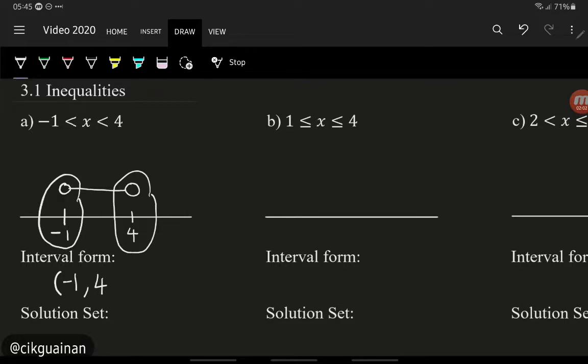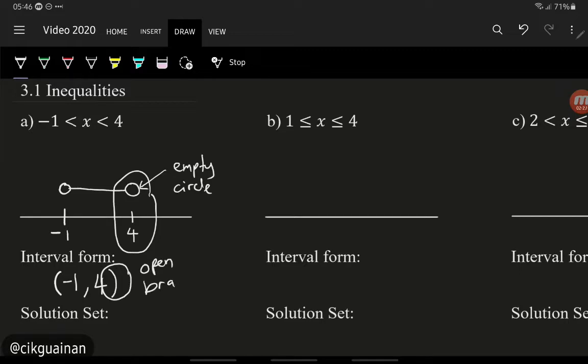Since 4 is not included, because we are using an empty circle, we are using a parenthesis or open bracket. This is what we call open bracket. Then that's it, this is the interval form.